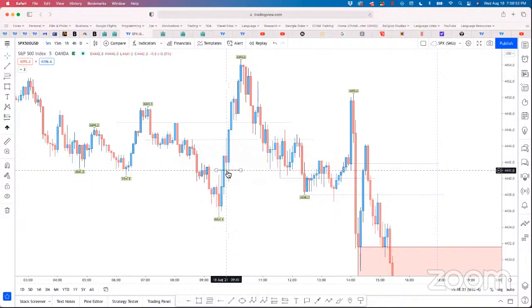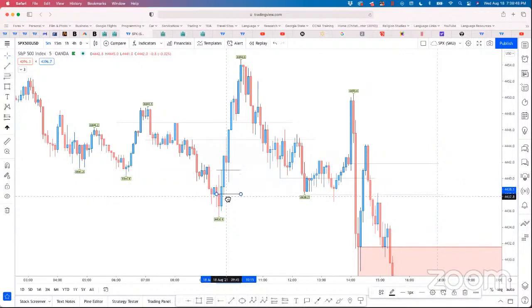Would you have been trying to sell this because it rejected this? Or would you recognize that if this rejects, but it holds this high between this low, this is actually still a buy?